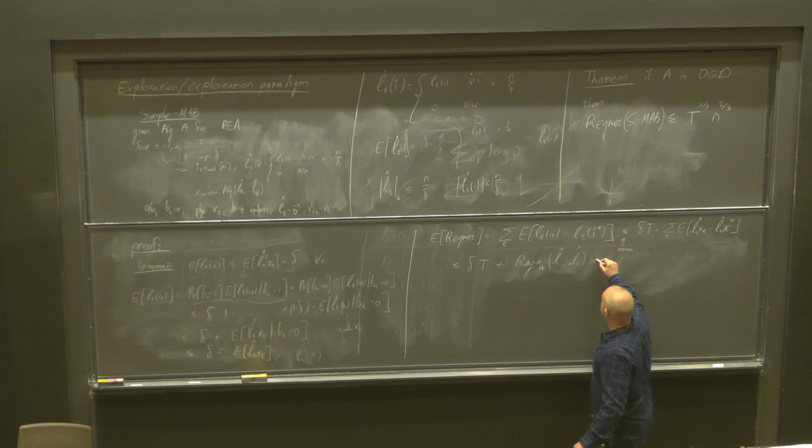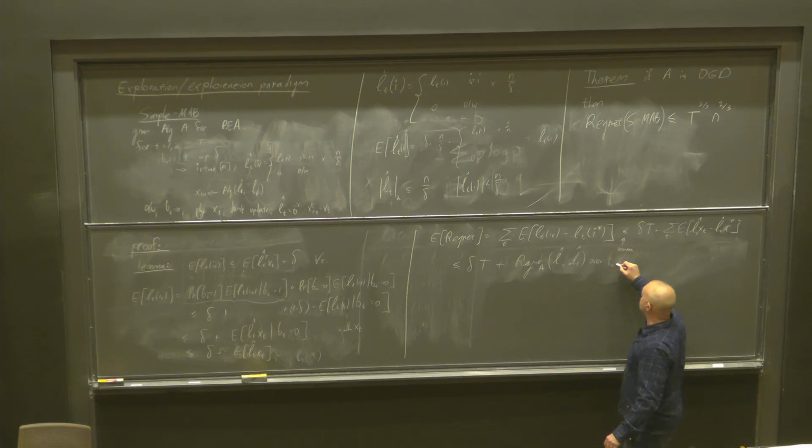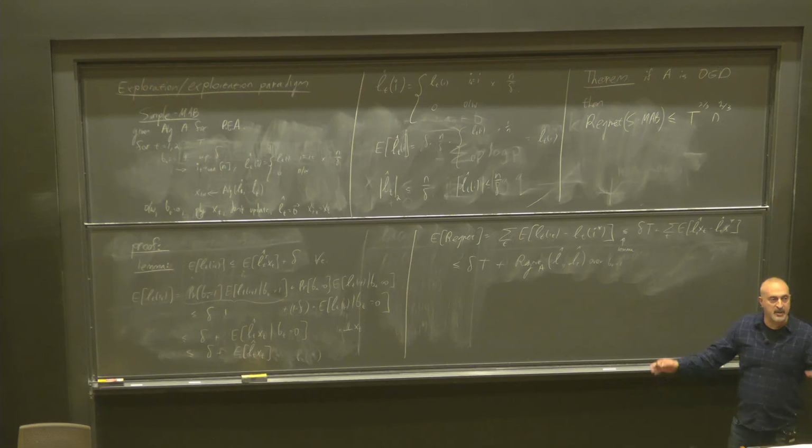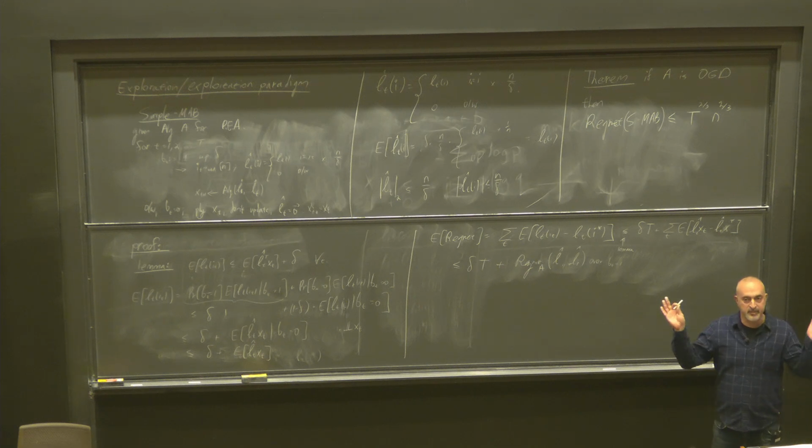This is over BT equals 1. Otherwise, there is no meaning to that particular L hat t. It is 0, there is no loss there, there's no best in hindsight, there is nothing there.